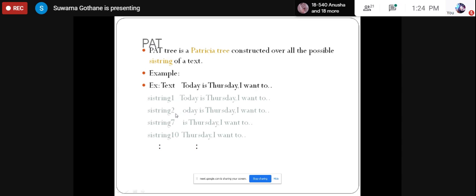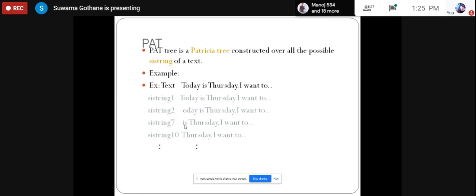Likewise, in the third string, you will remove the O. In the fourth string, you will remove the D. In the fifth string, you will remove the A. In the sixth one, you will remove the Y. Likewise, for the seventh, you will get the 'is'. So it will continue, removing one character at a time, and then perform a check.